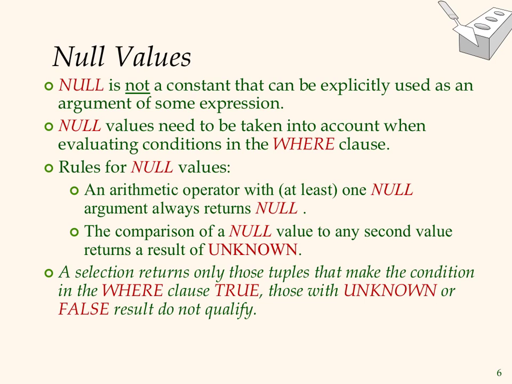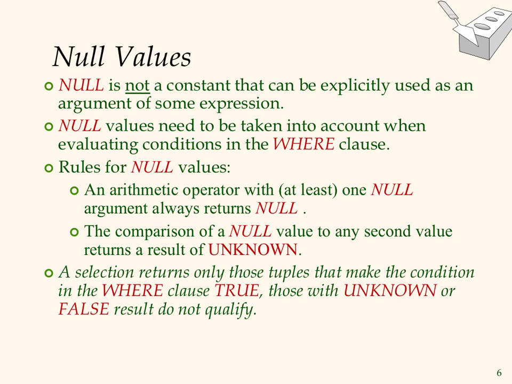And when you try to do a comparison with null values, you get a new truth value called unknown. So in the example I gave, if the rating is null and you say, is rating greater than 8, so is null greater than 8, that's neither true nor false, but that gets treated as unknown in SQL. And the key thing to remember is that when you have a query, it returns only tuples where the where clause comes out true.